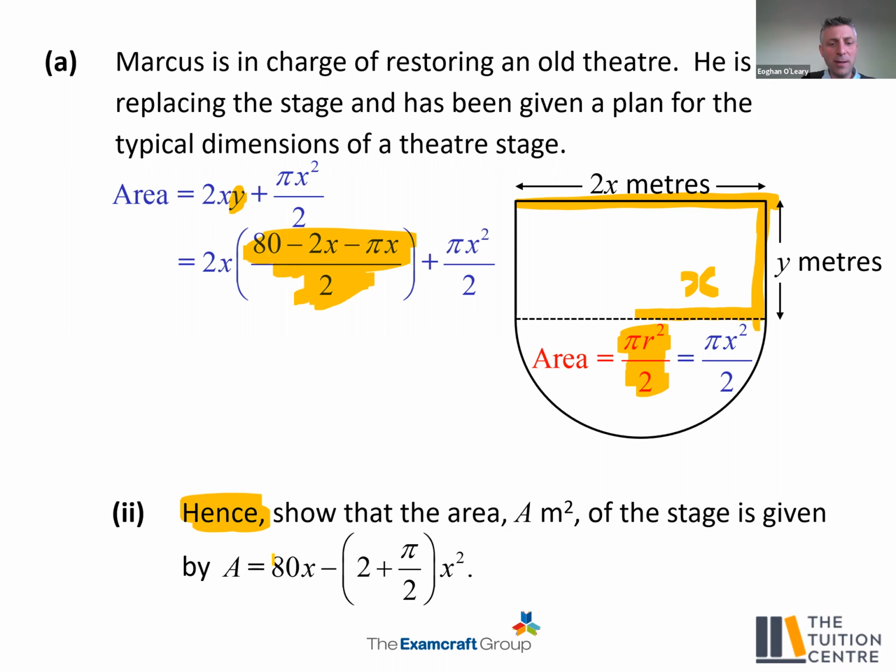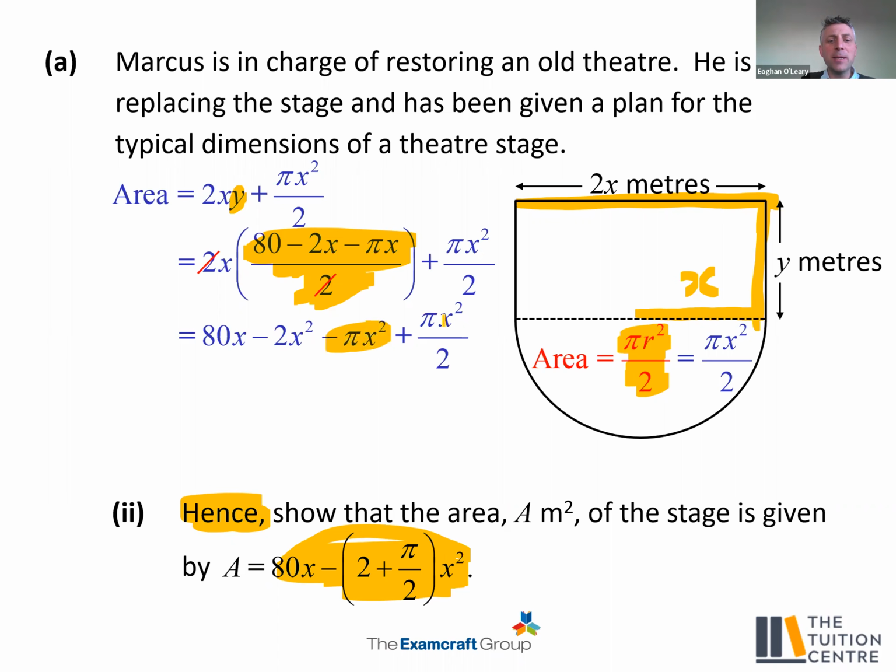So now we're keeping an eye on our answer, what we need to get to. Okay, we're going to multiply through here. We can see the 2's will cancel. 2 will divide into 2. So then we're going to get 80x minus 2x squared minus pi x squared plus pi x squared over 2.